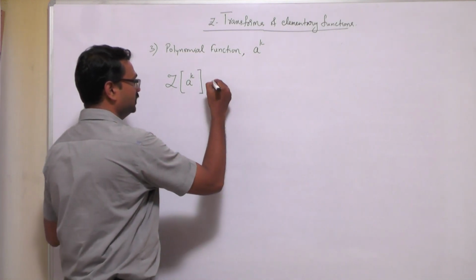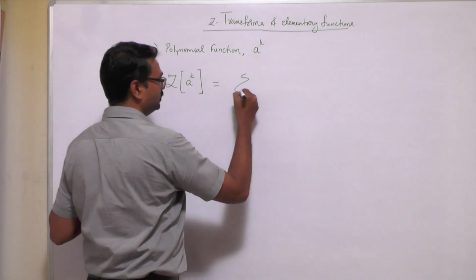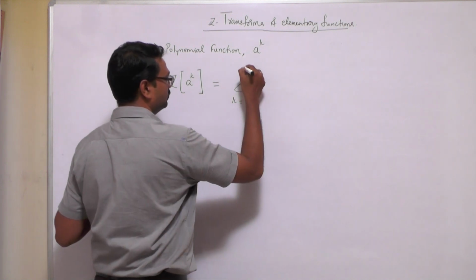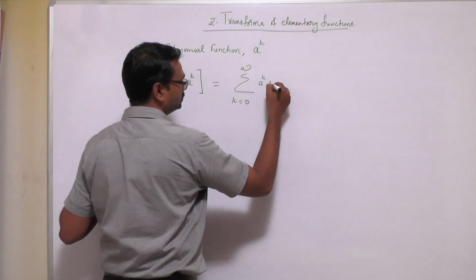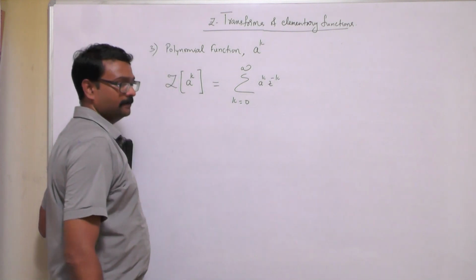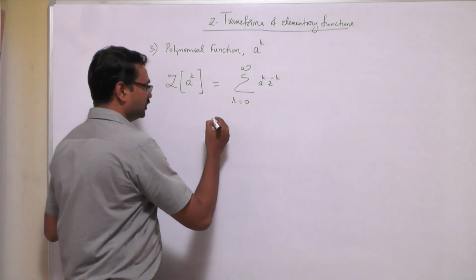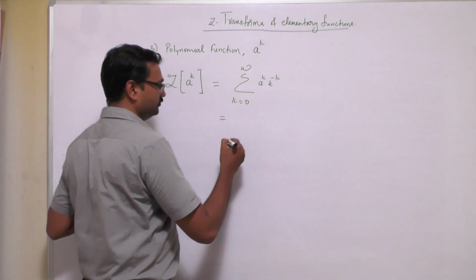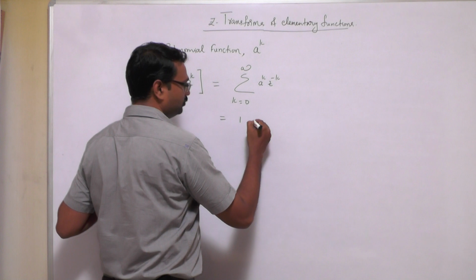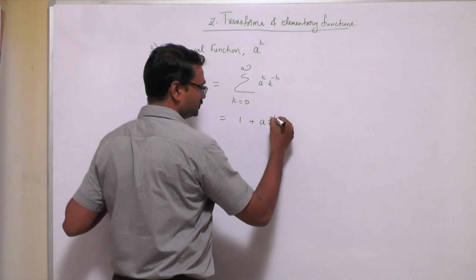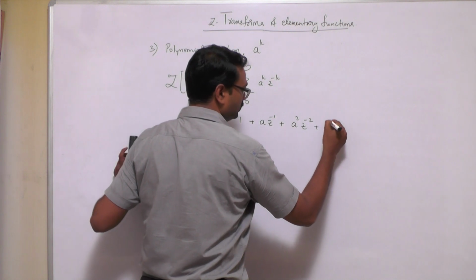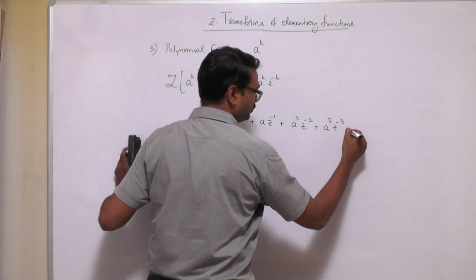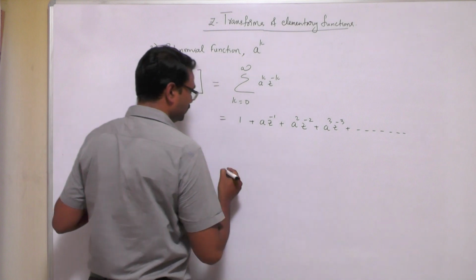By definition, we can consider the sum for k from 0 to infinity of a power k z power minus k. Replacing k from 0 to infinity, you will get 1 plus a z inverse plus a square z power minus 2 plus a cube z power minus 3 plus so on up to infinity.